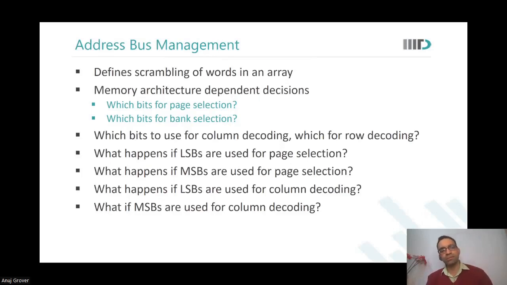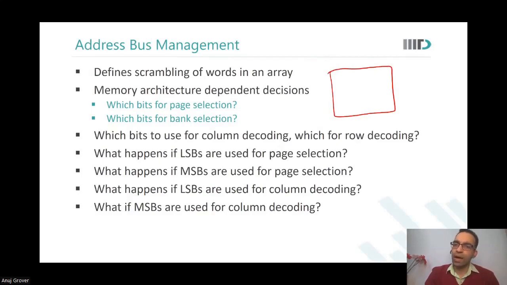So what is scrambling? Did we discuss that already? Sir, bit interleaving if I'm not. Huh? Bit interleaving. Yeah, bit interleaving. So that is one aspect of it. Let us say there is this memory. I could start to write word 0 here, or I could start word 0 from here.